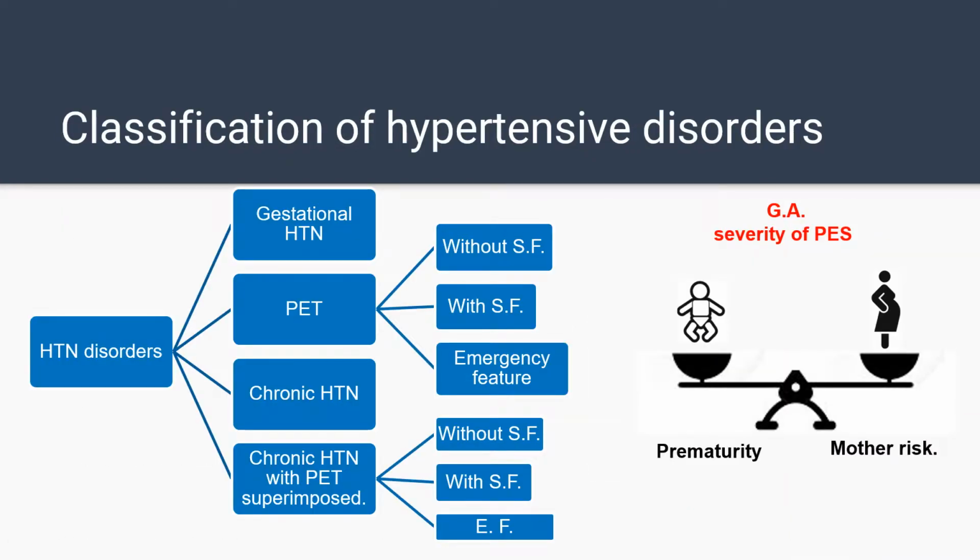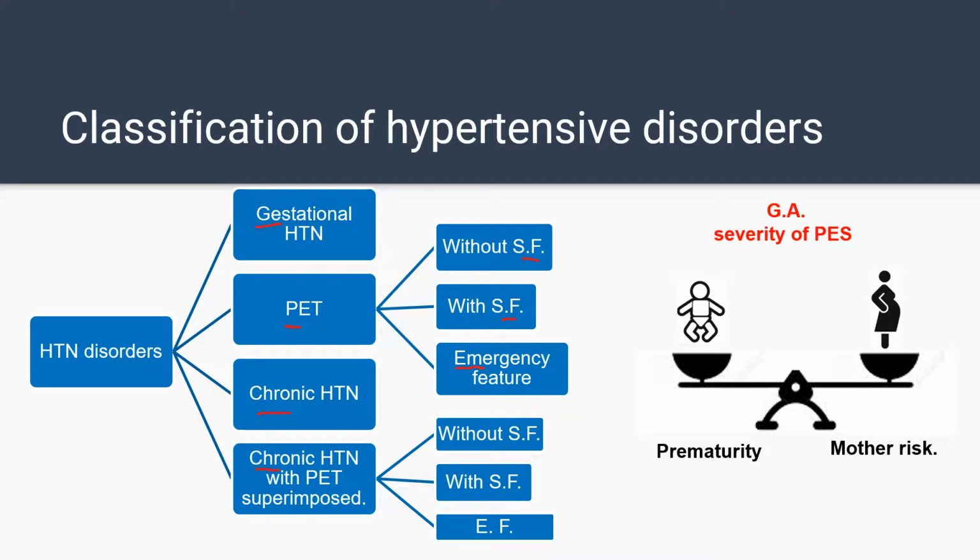So here we have the classification of the whole hypertensive disorders: gestational hypertension, preeclampsia, chronic hypertension, and chronic hypertension with preeclampsia superimposed. In preeclampsia and chronic hypertension with preeclampsia superimposed, we can subclassify by severity: without severe features, with severe features, and emergency.